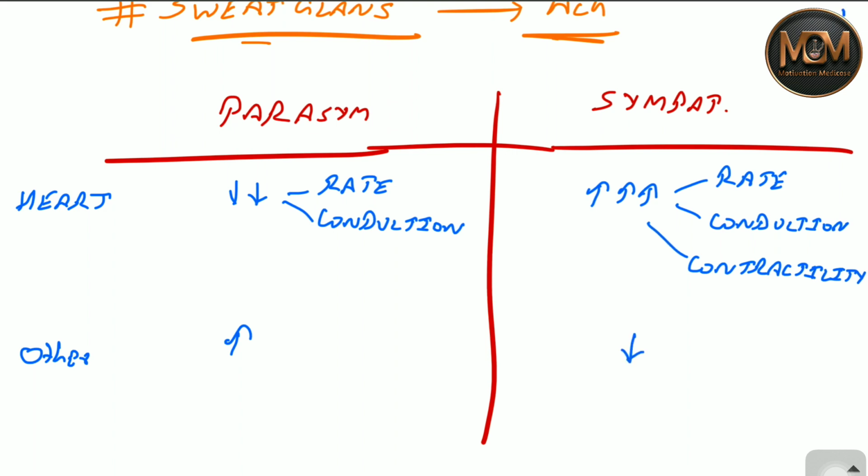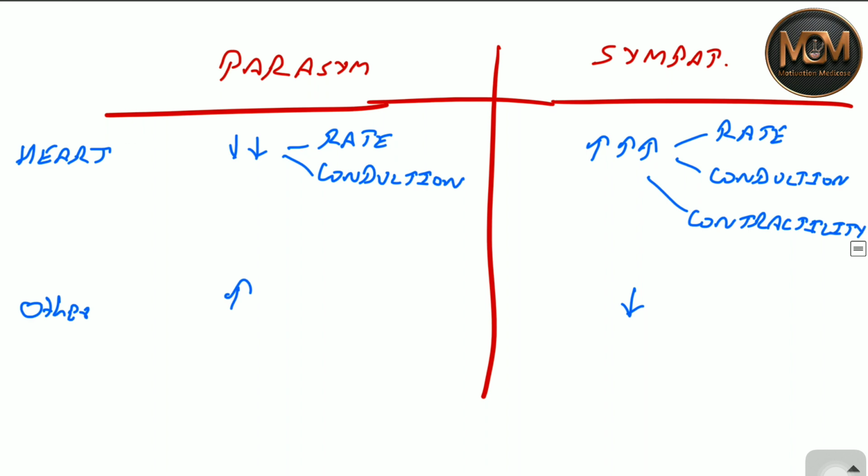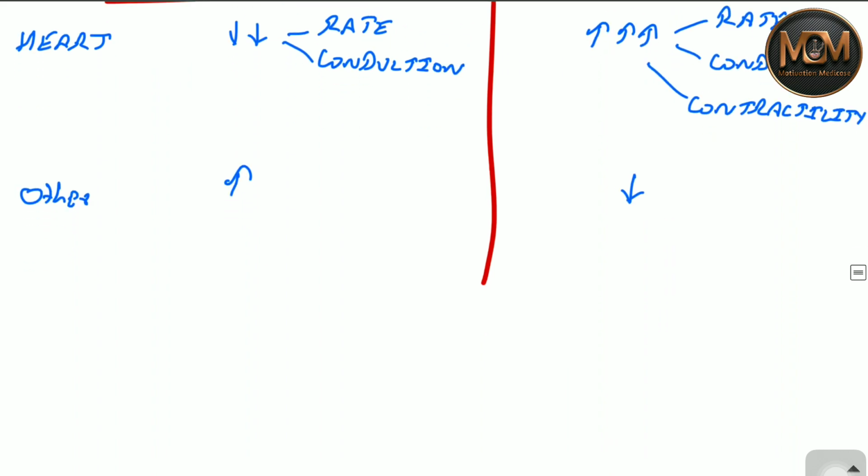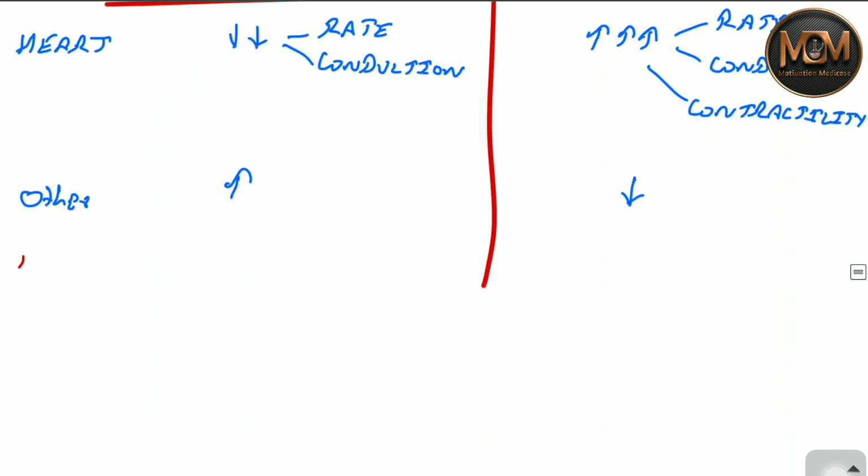So this is the trick: in the sympathetic, sympathy, heart will increase, and in all the other systems, the parasympathetic nervous system will increase things, and the sympathetic will decrease them. Let's see how.